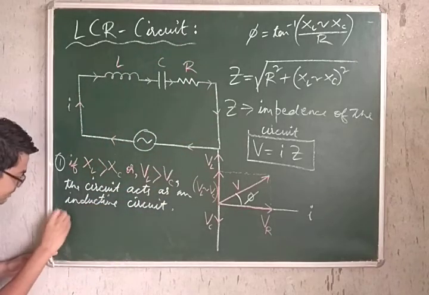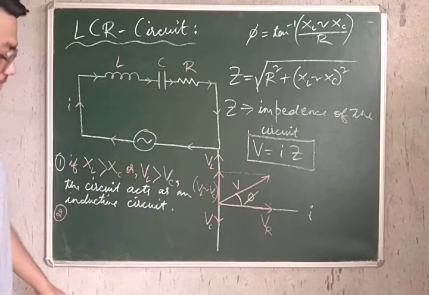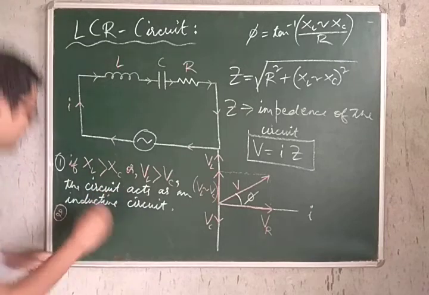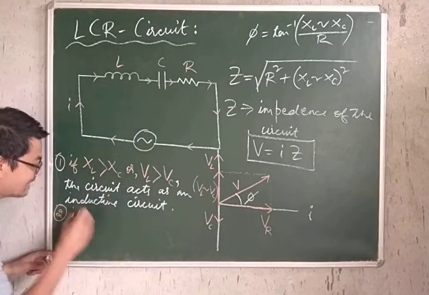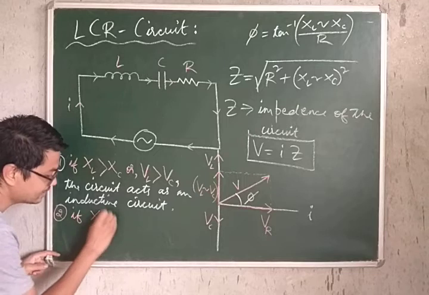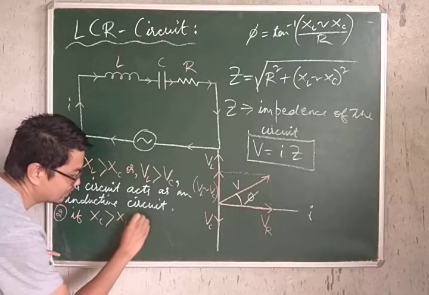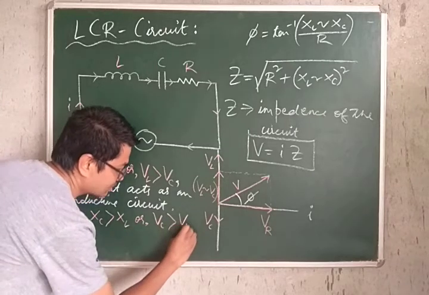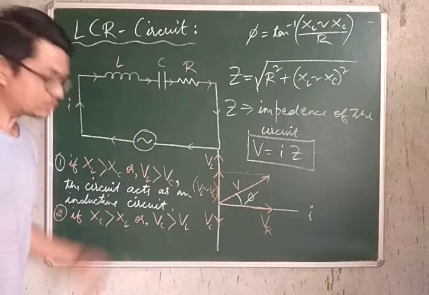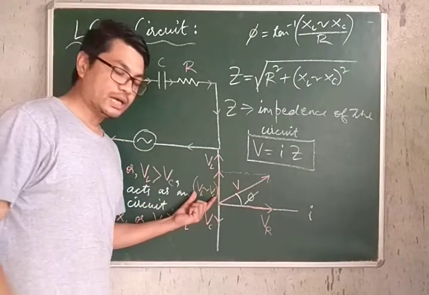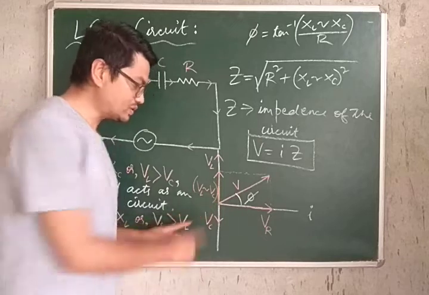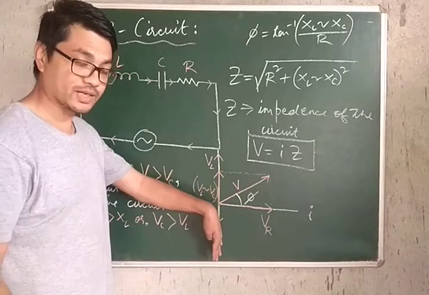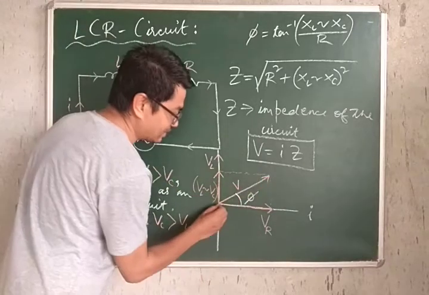So, number two, what happens if XC is greater than XL, or so to say, the potential across the capacitor is greater than the potential across the inductor? So in that case, VC minus VL will be in this direction, and a resultant will be somewhere over here.